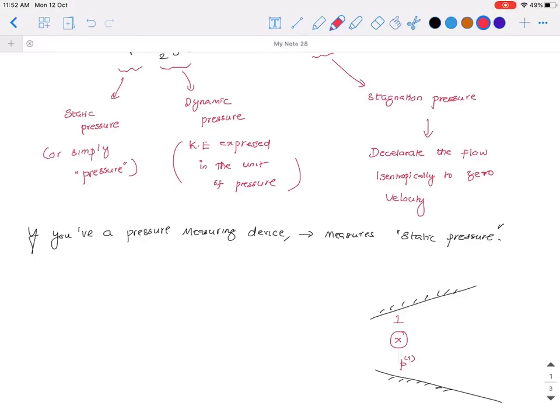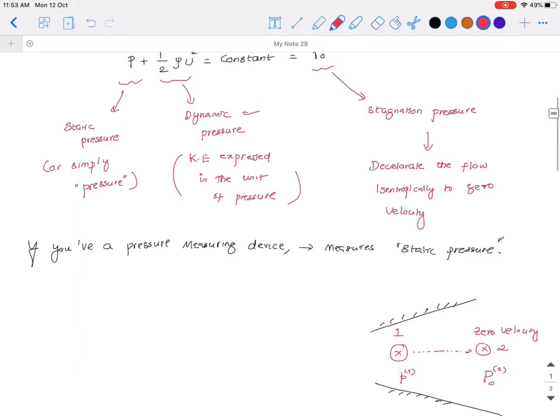If we want to measure stagnation pressure, theoretically we need to decelerate this particle to zero velocity. Let us say it has reached zero velocity at location 2. Now if you measure the pressure here, you will get stagnation pressure, because all the kinetic energy expressed as dynamic pressure is converted into static pressure, since the sum of static and dynamic pressure is a constant.